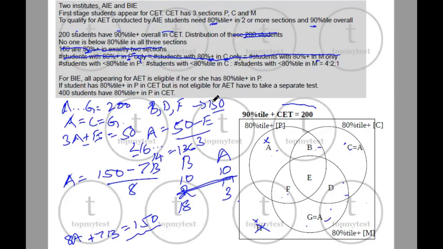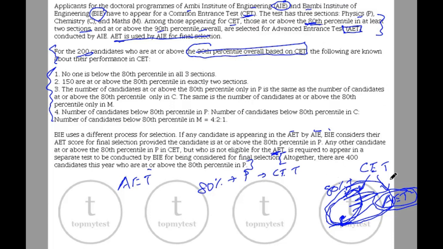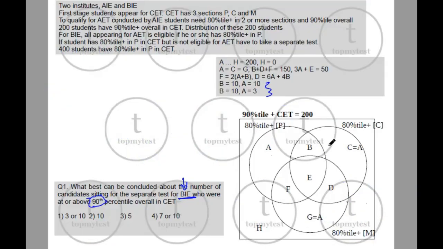Okay, if you look at the part, initially there are some people who scored 80 percentile overall. Some of them will be sitting for AET. We are required to find this portion who have scored 90 percentile in CET, but did not qualify for AET. That's why they have to write a separate test.